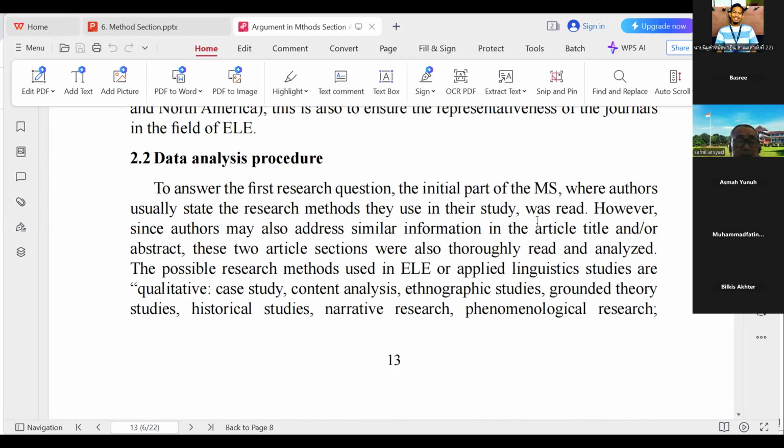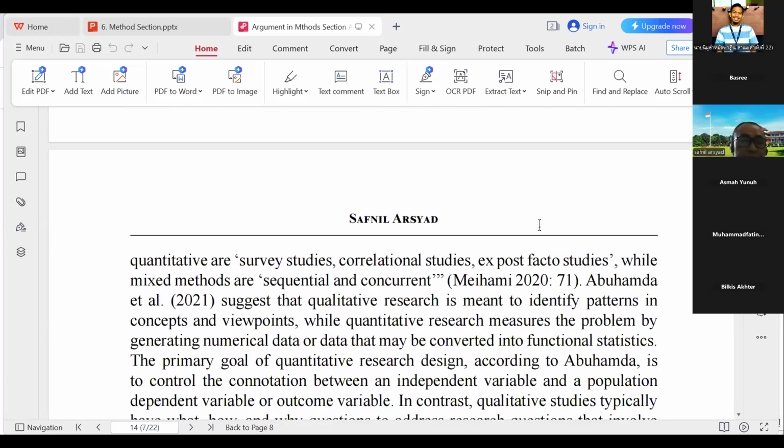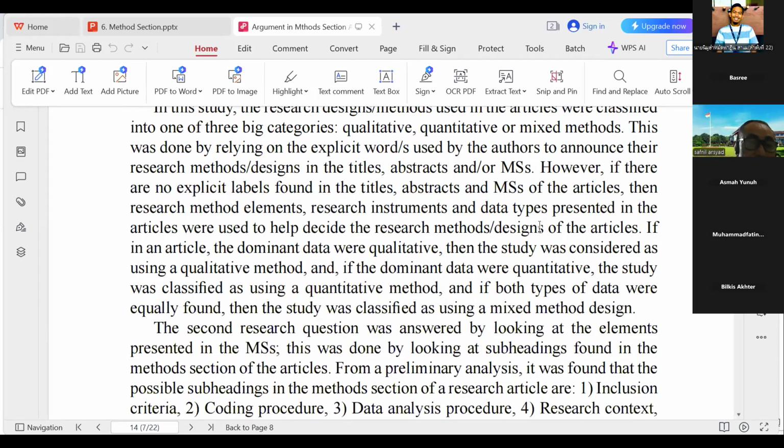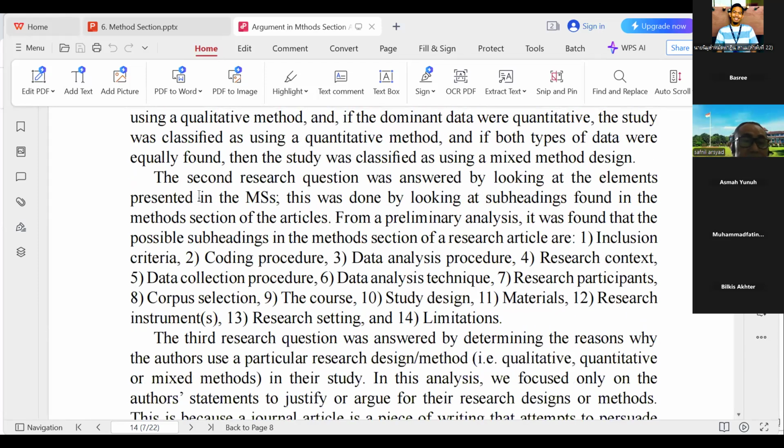And the second research question was answered by looking at the elements presented in the method section, like coding procedure, data analysis procedure, research context, and so on. There are 14 possible elements presented in the method section.